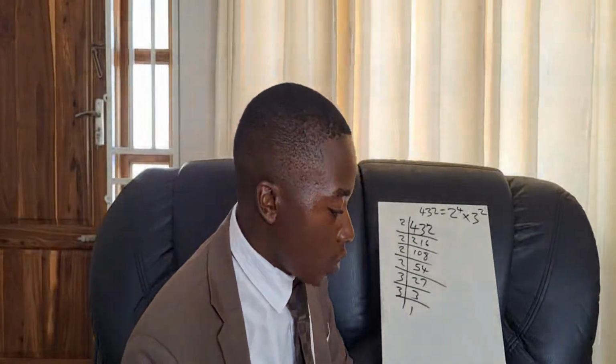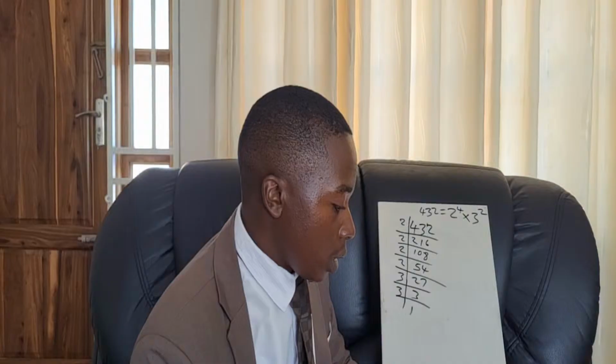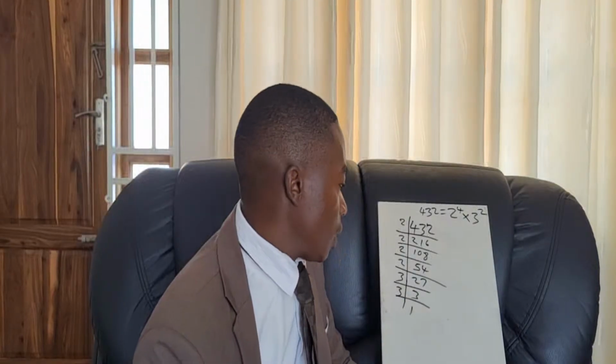Okay, now, next question. Find the smallest number by which 432 must be multiplied to get a result which is a perfect square.